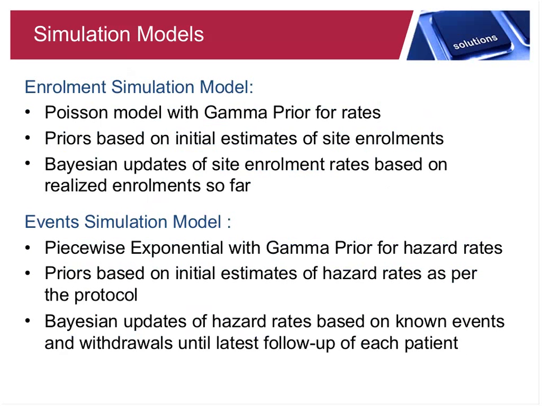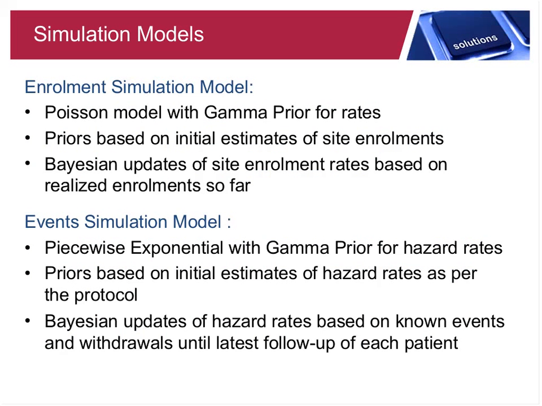So having Bayesian updates, the simplest way to explain this is you're not relying on the historical information alone, and you're not relying on the information from your study alone, but you're really having some kind of weighted estimate of combined information from history and what you're observing in your own trial.